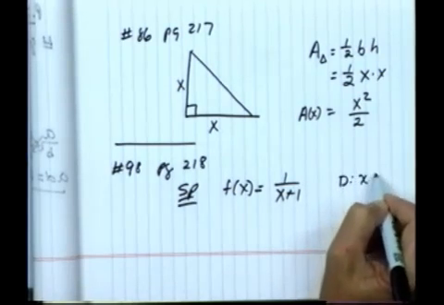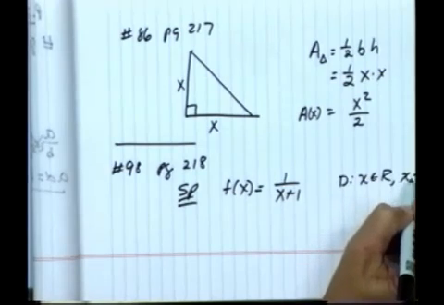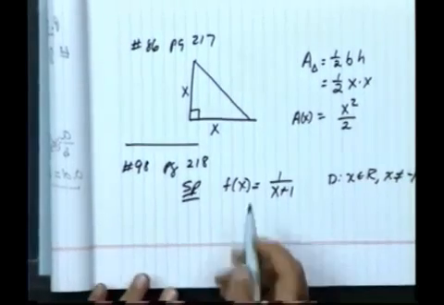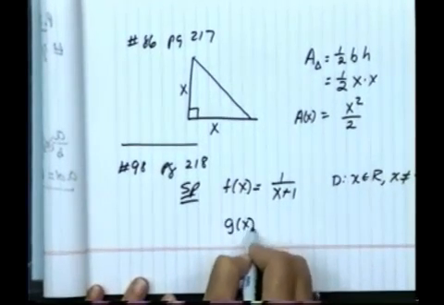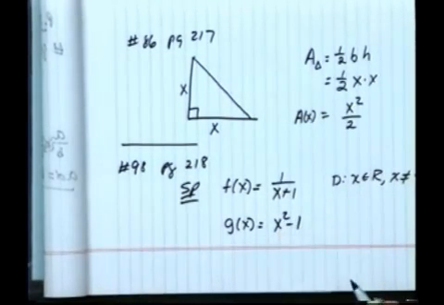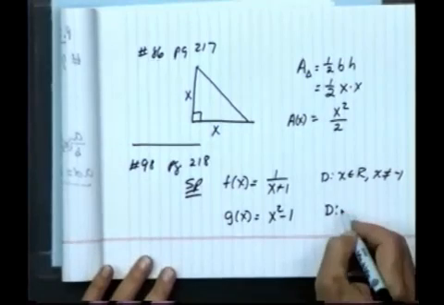The domain is x is all reals, but x can never be equal to negative 1, right? Suppose I give you the function g of x is equal to x squared minus 1. What would you say your domain is for this? All real numbers.